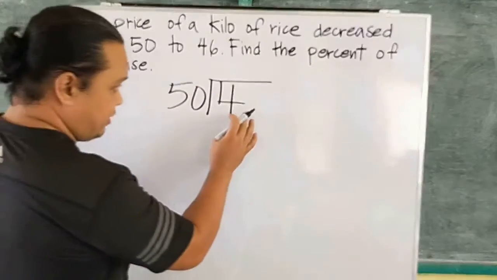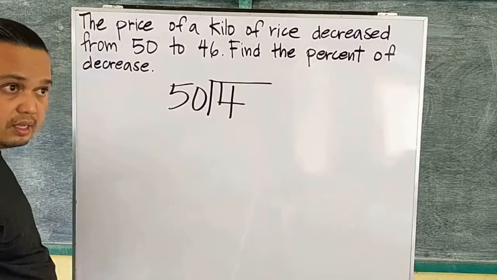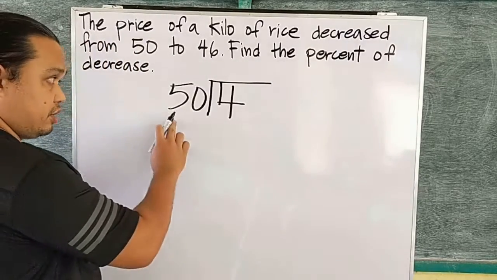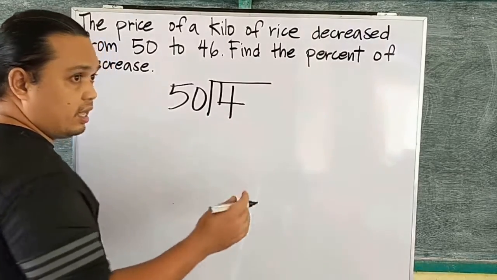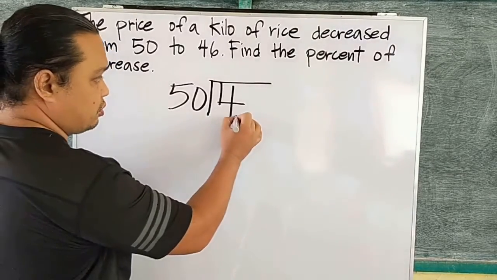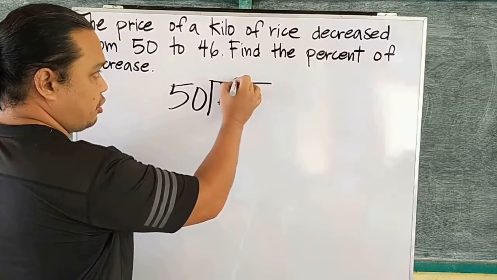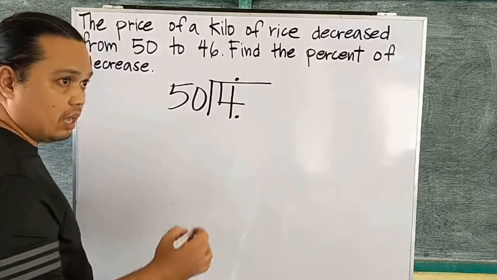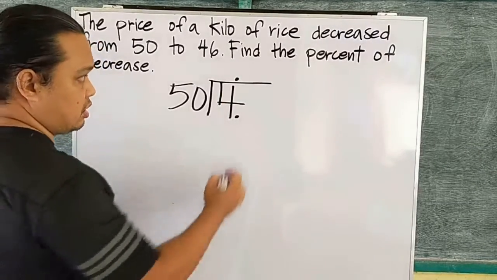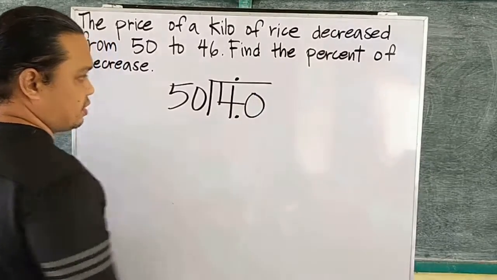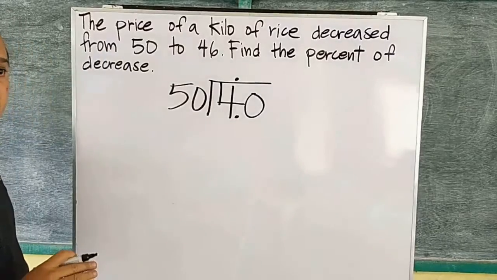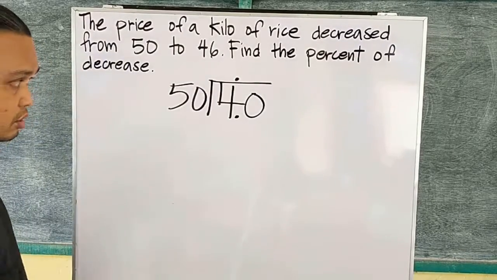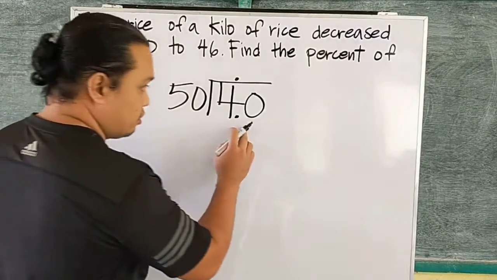Now 4 divided by 50 cannot be done, because 50 is greater than 4. So let's add 0 in it. And before adding, let's put the decimal point here so that we are now dealing with decimal numbers. Now 40 divided by 50 is still not possible, because 50 is still greater than 40.